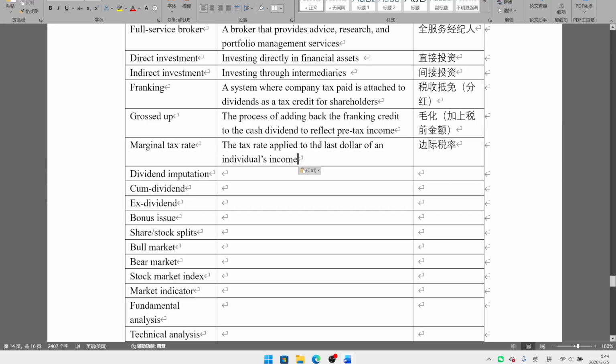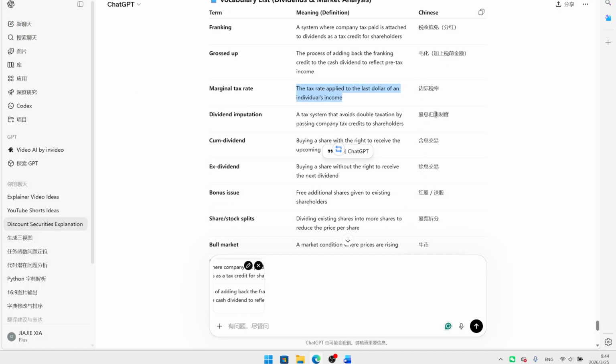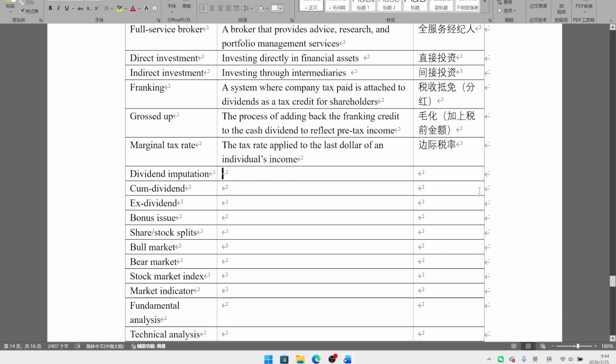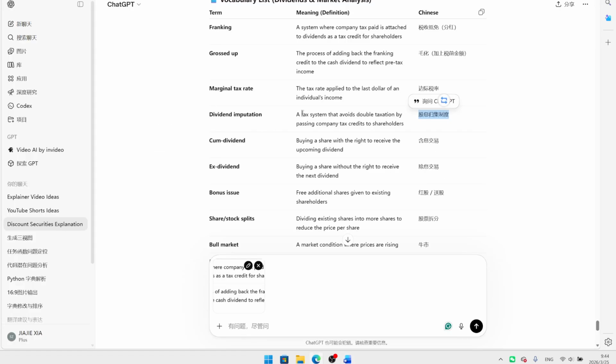And dividend imputation is a tax system that avoids double taxing by passing company tax credit to shareholders.